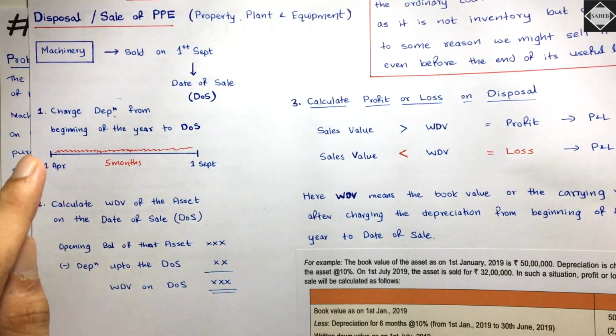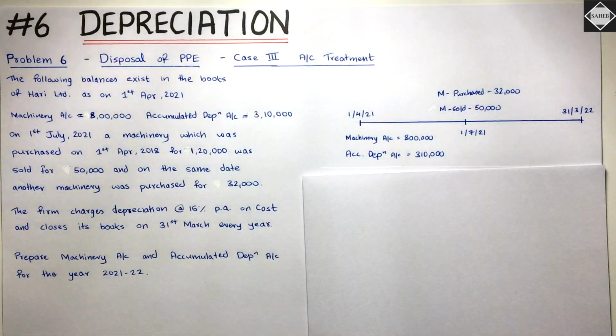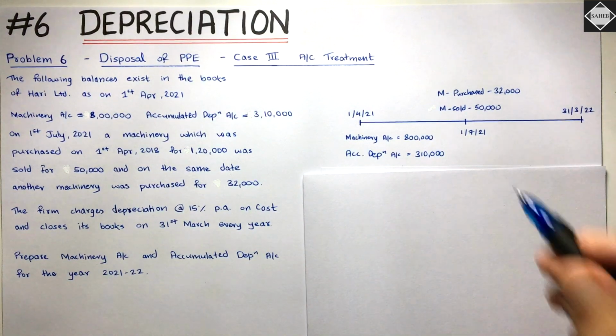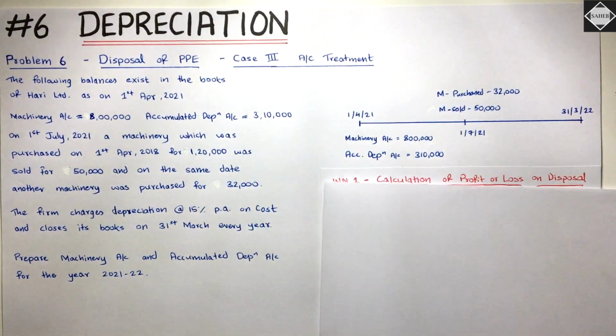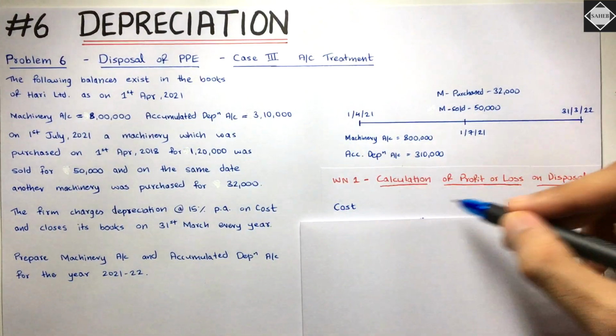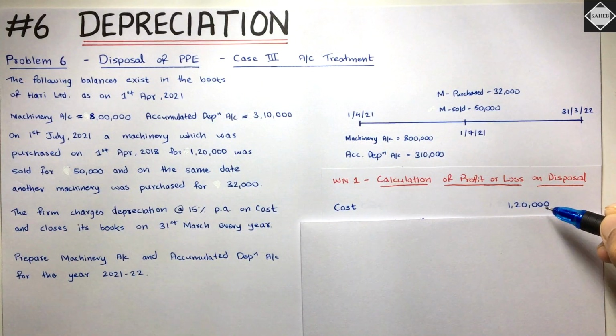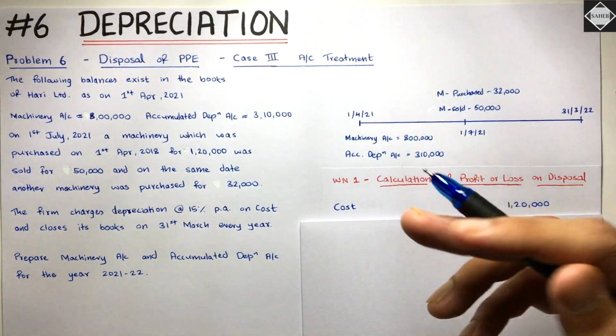The first is you have to charge the depreciation on the asset which you have sold. Let's do that. What was the original cost of the machine which we have sold? Original cost was 1,20,000. So see, calculation of profit and loss on disposal. Original cost of that machine was 1,20,000 as given in the question. Now let's calculate the depreciation.